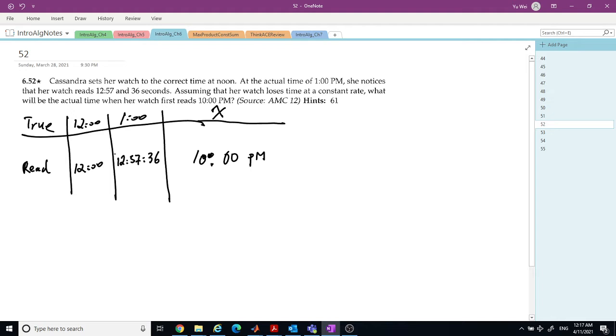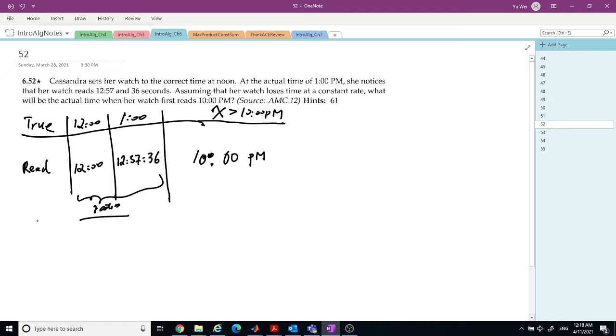Basically, because you can see the clock is running slow, this time must be greater than 10 p.m. We need to figure out the ratio, to see how slow it is. Okay, now let's figure out the ratio.